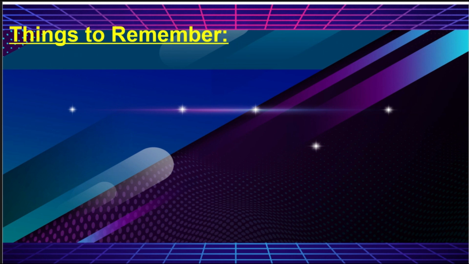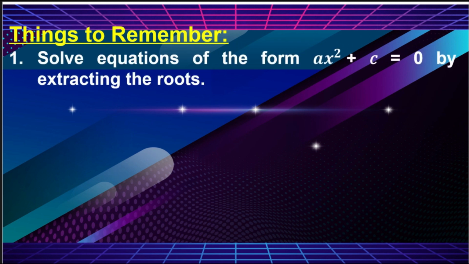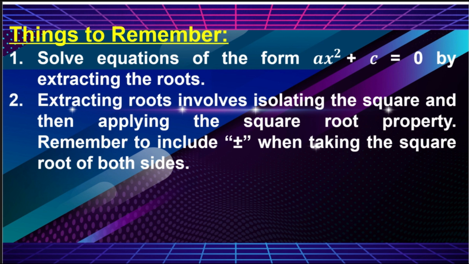These are the things to remember in using the extracting square root. Solve equations of the form ax squared plus c equals 0 by extracting square roots, or ax squared equals k. If it is of this form, then you are going to use extracting square roots.